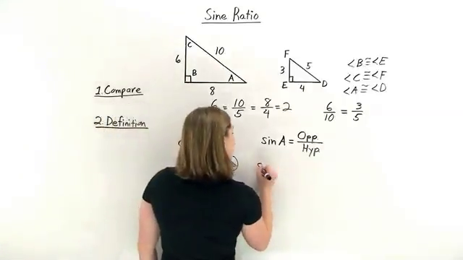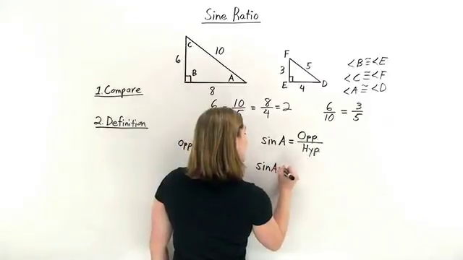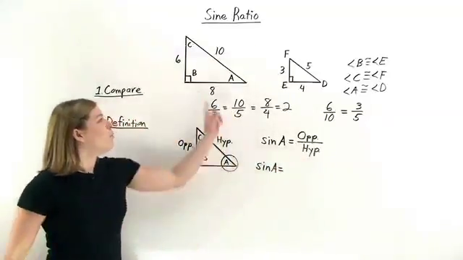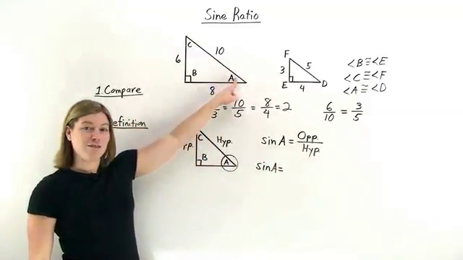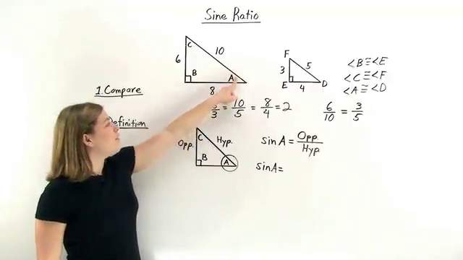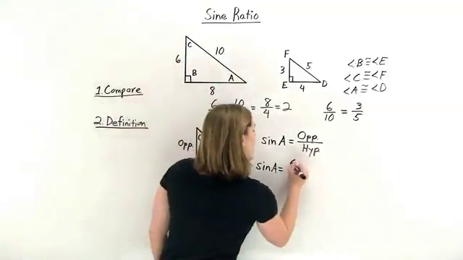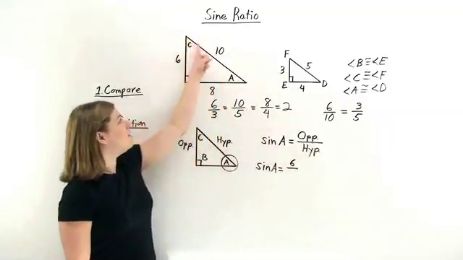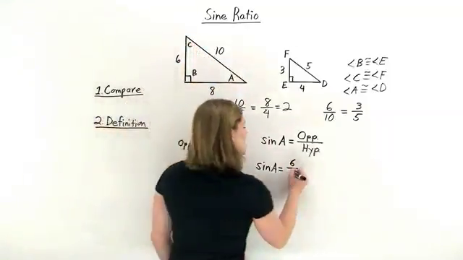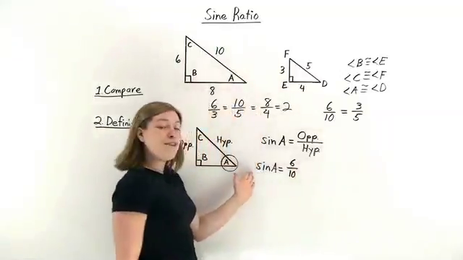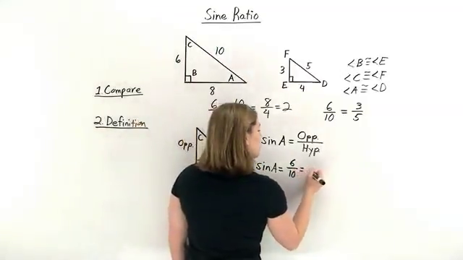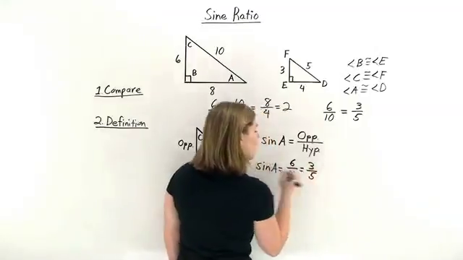Now, if we want to see this with our example, we can. Let's take a look back at our first triangle and find sine of angle A. So we're now trying to find sine of this angle, that ratio. So we need to find the measurement of the opposite side, which is 6, and the measurement of the hypotenuse, the measurement of that longest side, 10. So we get that sine of A is equal to 6 over 10. Well, 6 over 10 reduces to 3 over 5.